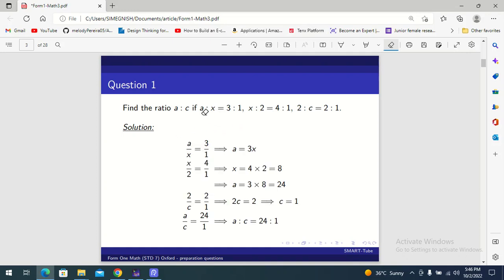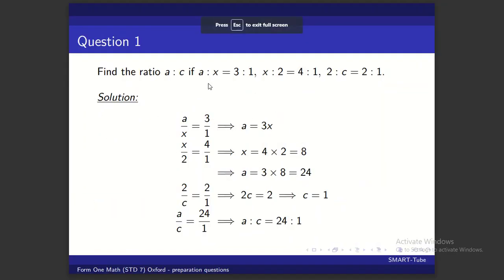Now you have A to X, which means A over X, and 3 to 1, which is 3 over 1. Then cross-multiplying, A times 1 equals 3 times X. From the second given condition, X over 2 equals 4 over 1.